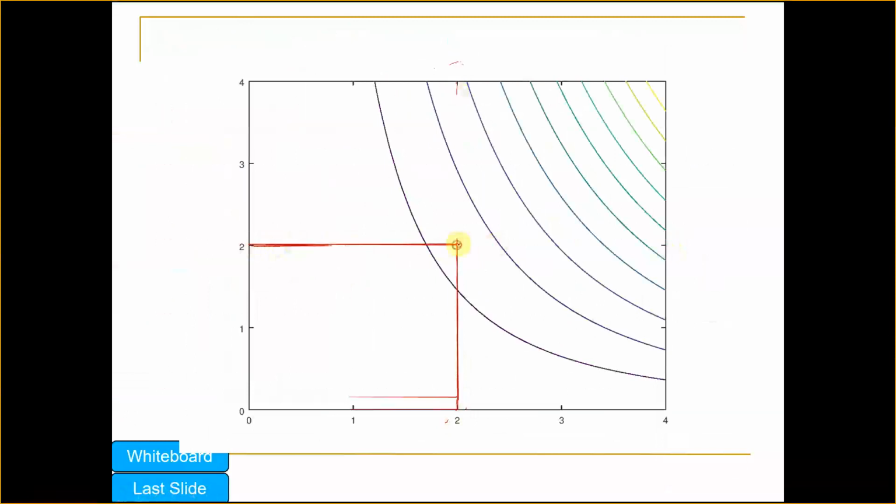Okay, so here Z is equal to 8. If you look carefully, the contour is about, everybody agree the contour is about there? The contour passing through that line will be about there. The slope, the steepest change would therefore be about this.